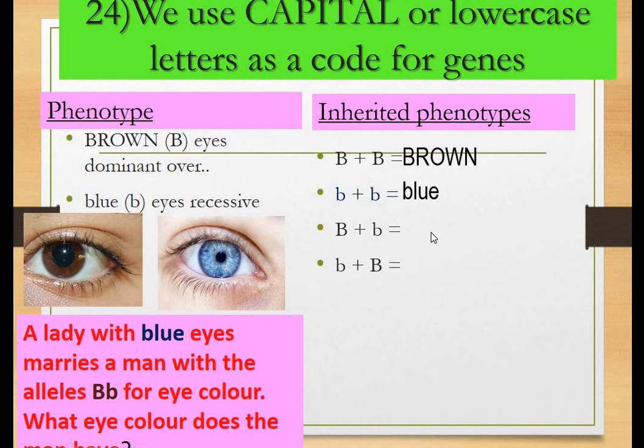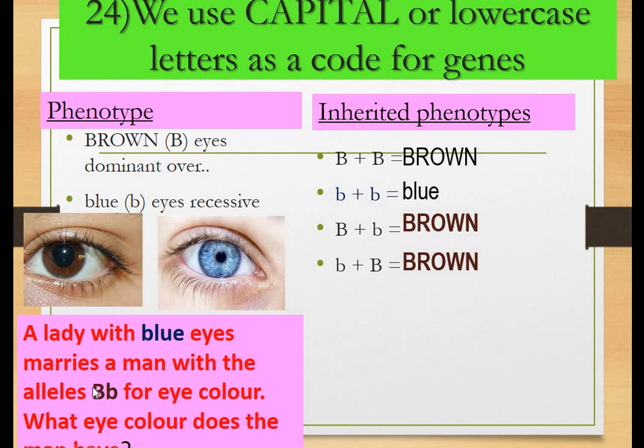So remember we went through this previously. 2 big B's, they're capital for brown, the eyes will look brown. If someone had 2 small b's, they're recessive for blue, and only if they're both recessive, then you'll see the blue eye color. So if a lady with blue eyes marries a man with this genotype, what color does the man have?